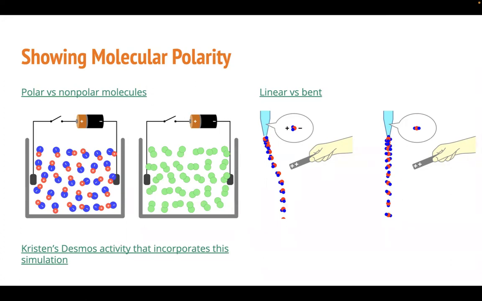So they can see that the polar molecules are going to orient themselves between the positive and negative poles. While when you complete the system with the one over on the right, it does nothing. Those little diatomic nonpolar molecules just keep on moving around like nothing happened. So interesting concept there for students to reflect on.